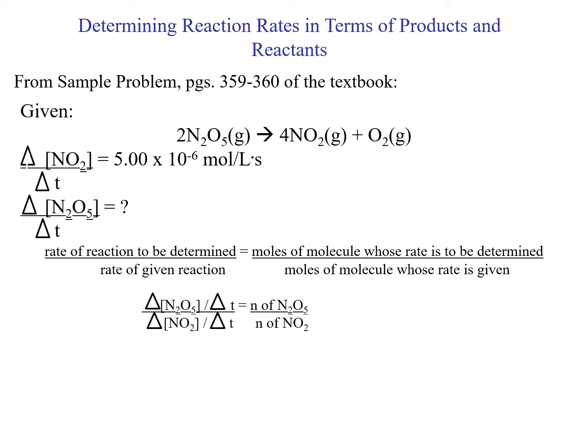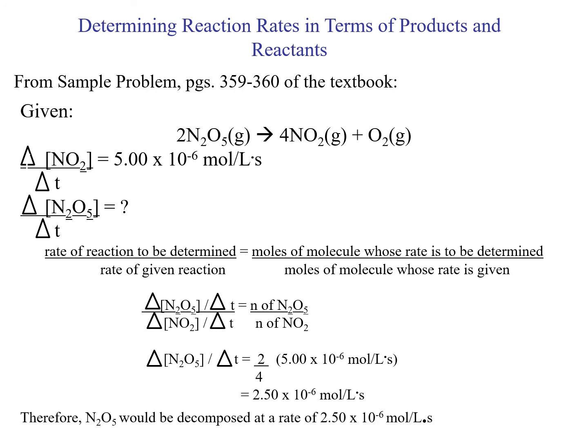We can put in our given numbers and rearrange the formula to get the rate of decomposition of dinitrogen pentoxide, which equals a molar ratio of 2/4, multiplied by the rate of the formation of nitrogen dioxide. The answer is 2.5 times 10 to the minus 6 moles per liter second.